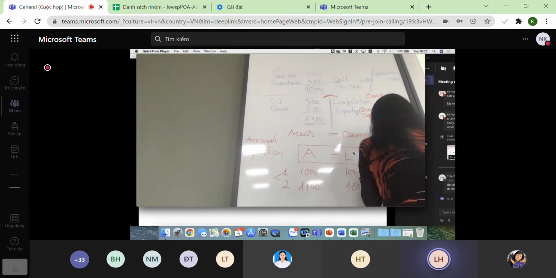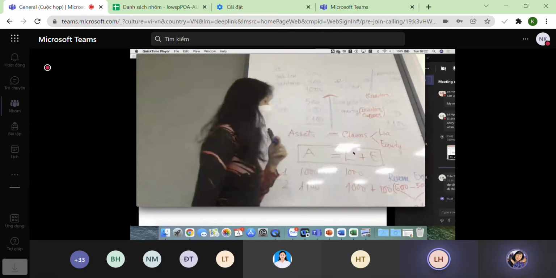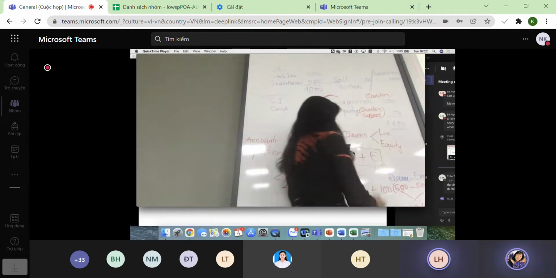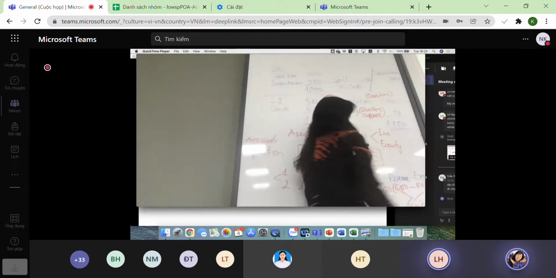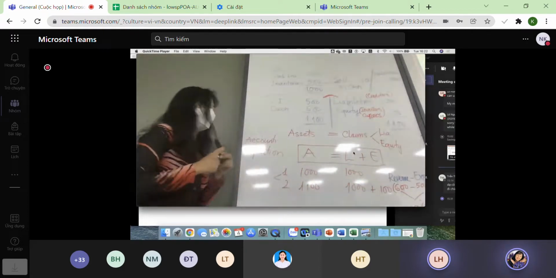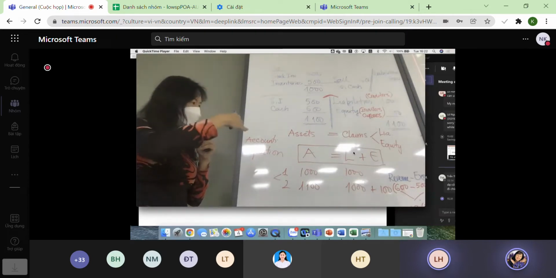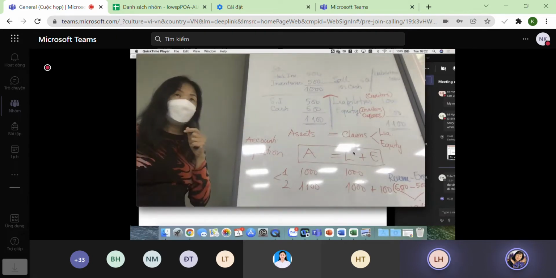Costs become expenses. So here we have income equals revenue minus expenses, right?